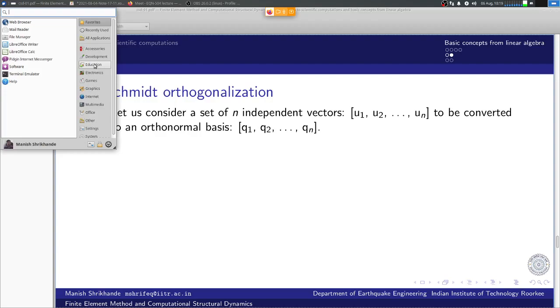Sir, if their determinant is equal to 0. If the matrix where these vectors form columns has a determinant of 0, then the dependence exists. At least there is one pair which is dependent on each other, which is not independent.